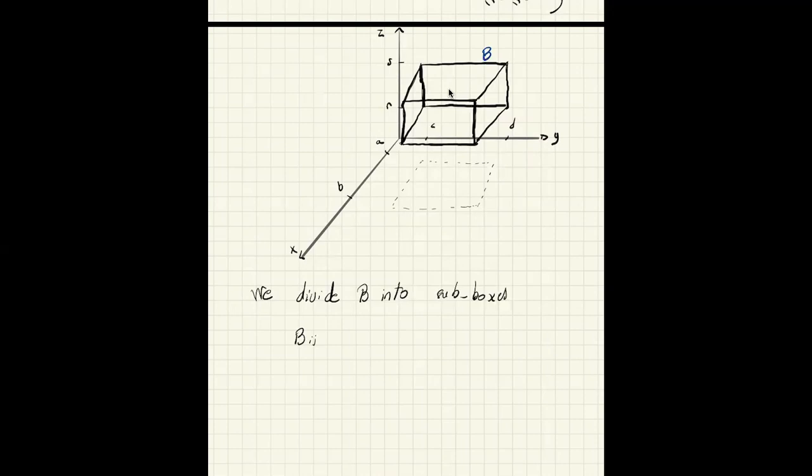Now we'll have to add another one, which is the little box x_{i-1} to x_i, times y_{j-1} to y_j, times z_{k-1} to z_k.